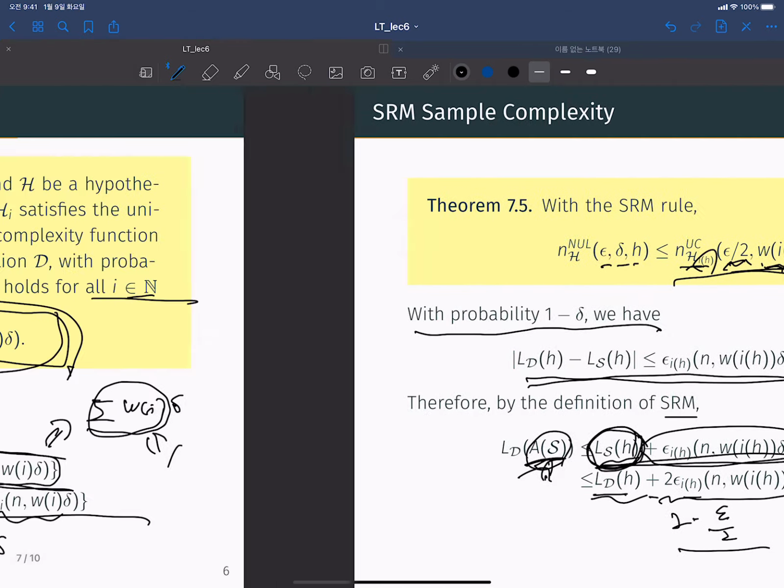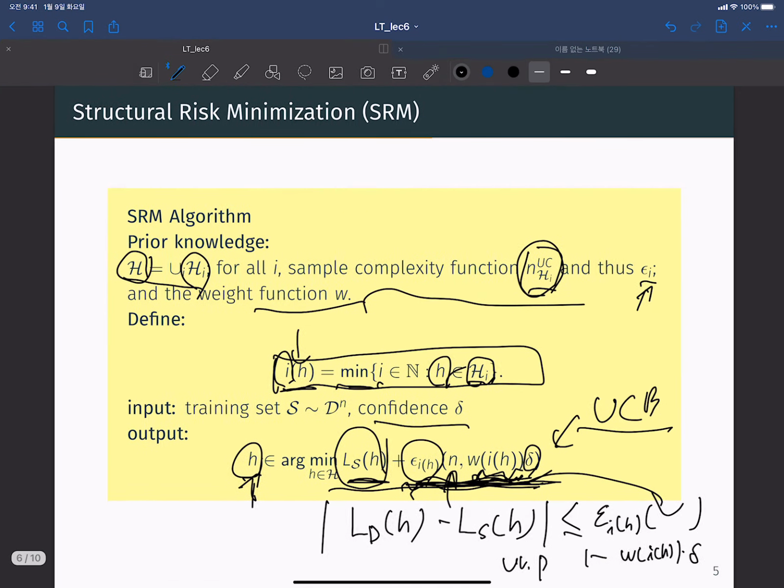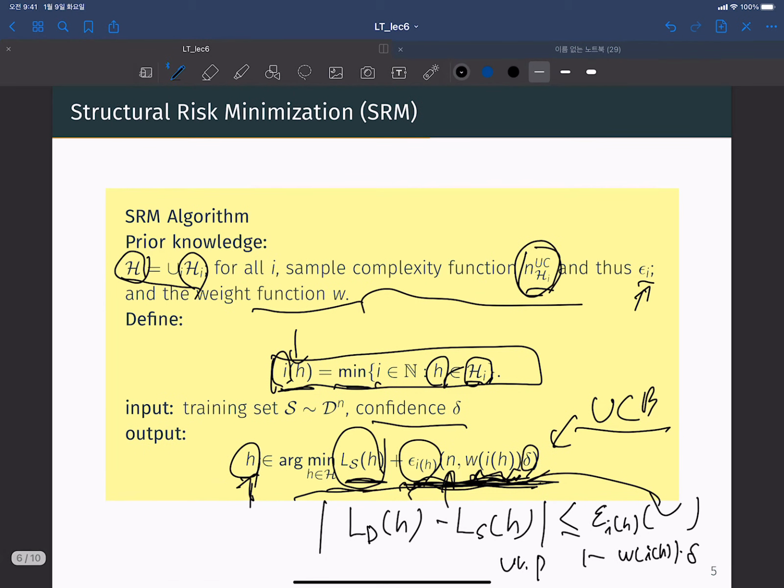When we go back to the SLM rule, we basically add some confidence interval, and when we use a smaller weight, this confidence interval part will increase. So even if the training error is very nice because we use a very complicated algorithm, due to this part, we can choose the simpler one.